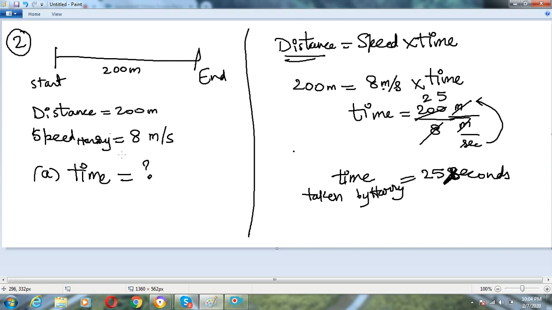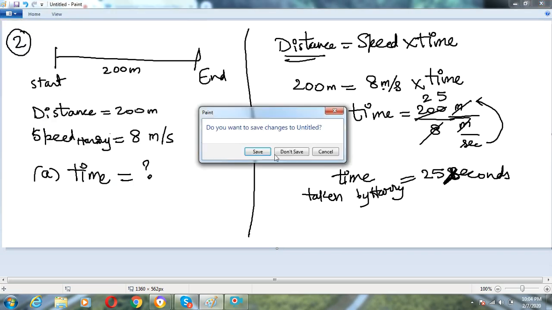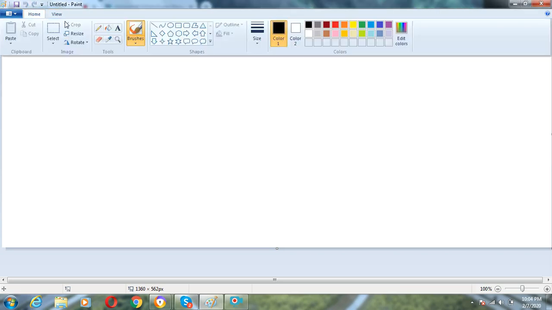Also, how far was Harry from Johnny when Harry reached the finishing line? Distance, speed. Have you copied?